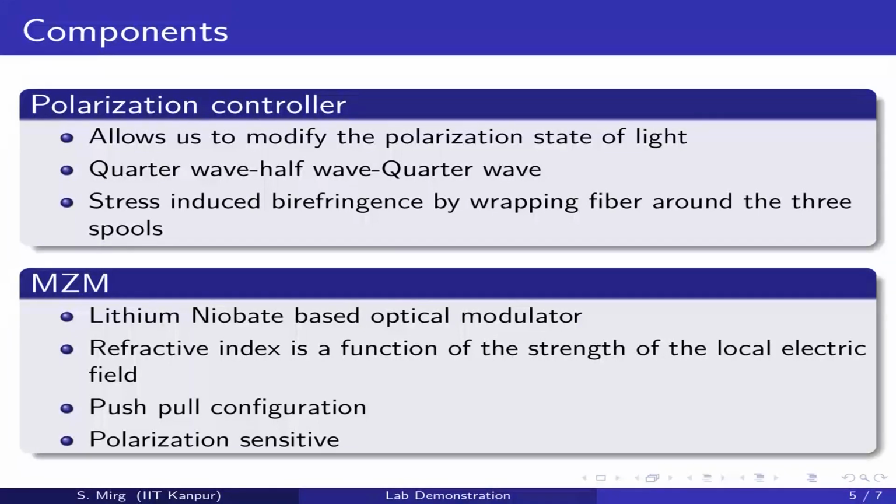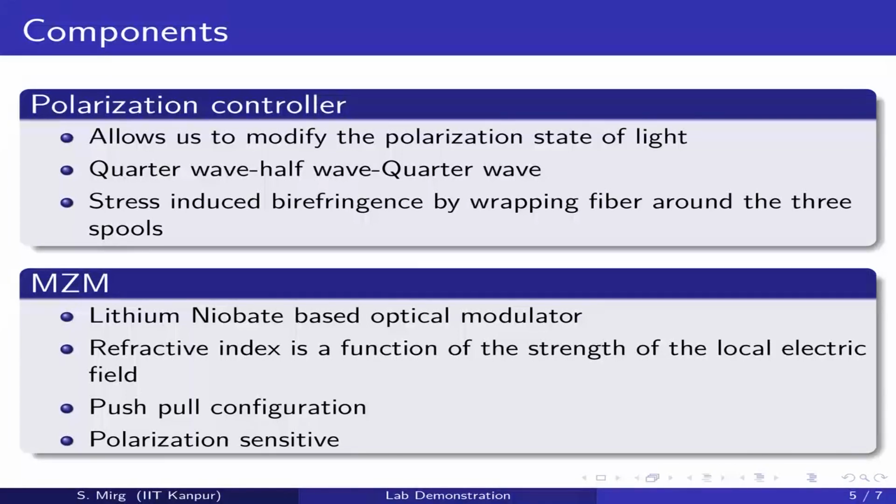As we vary the voltage across these crystals in a push-pull configuration, as already discussed in the lectures, we can achieve intensity modulation. The other thing is they are polarization sensitive, so it's imperative for us to have a polarization controller before the optical modulator.